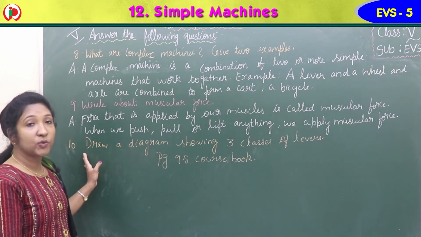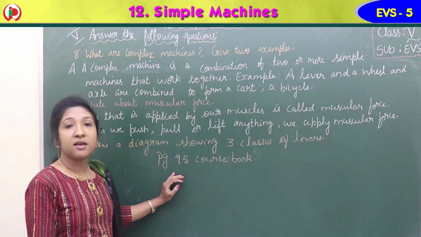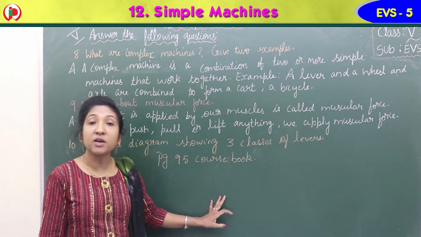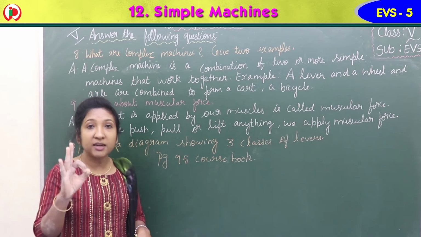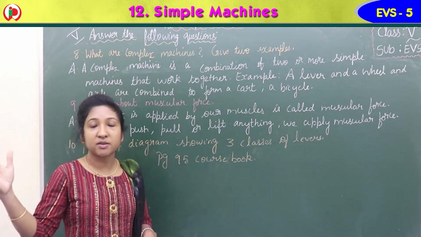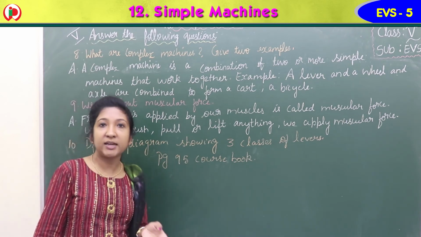Last question, 10th question. Draw a diagram showing 3 classes of levers. That is there in your textbook, page number 95 in your course book. You can see the 3 classes of levers in 3 diagrams: first class lever, second class lever and third class lever that we already learned.